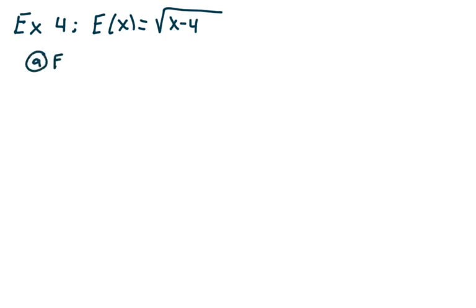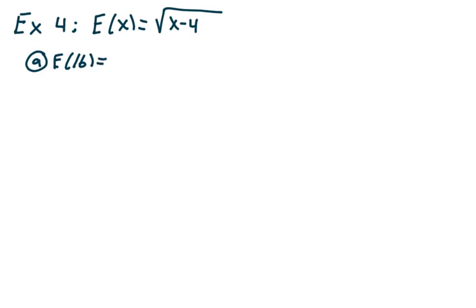Let's take a look at one more example for this video. Suppose I had e of x is the square root of x minus 4. A. What is e of 16?